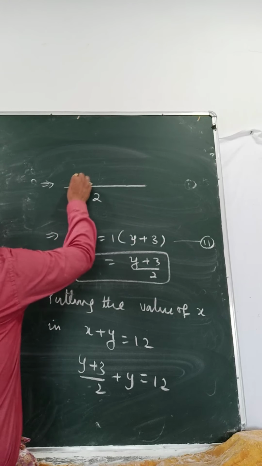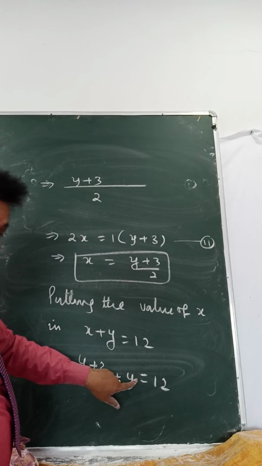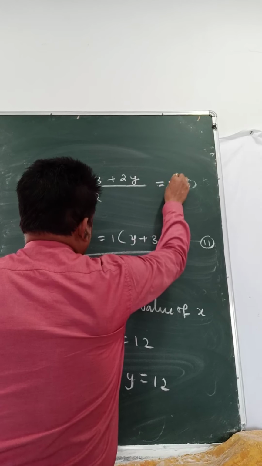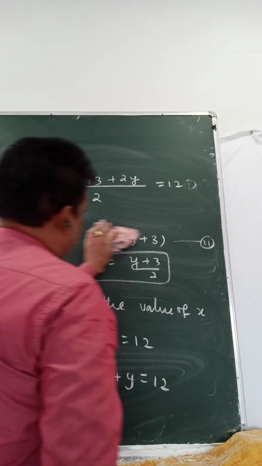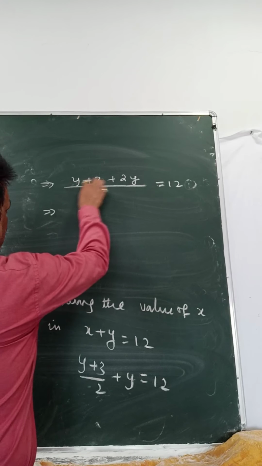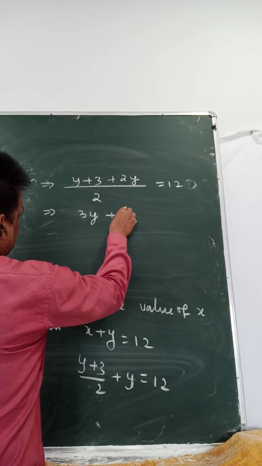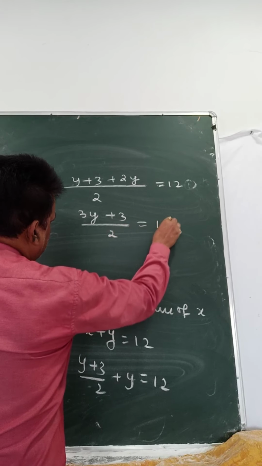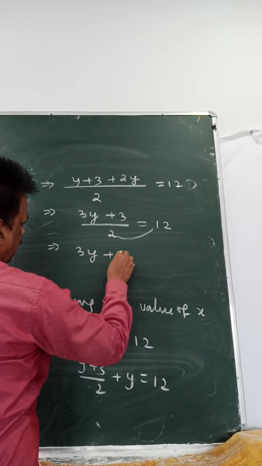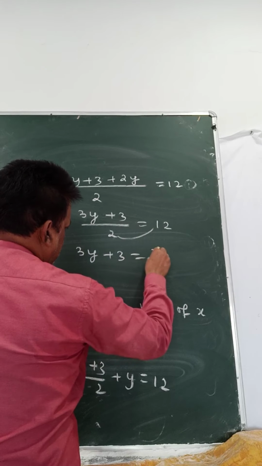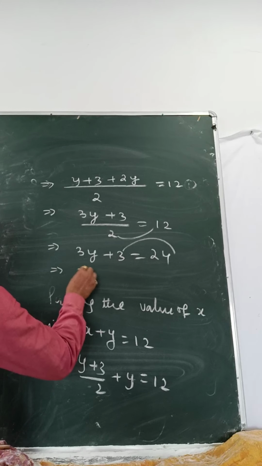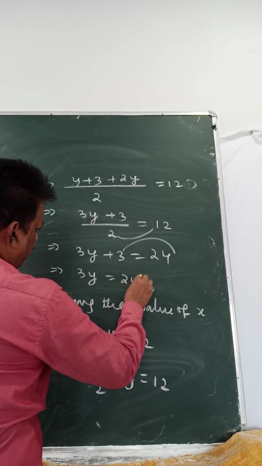Then y plus 3, and this 2 will be multiplied here, that is plus 2y equals 12. This implies y plus 2y is 3y, so 3y plus 3 by 2 equals 12. Now cross multiplication: 3y plus 3 equals 2 times 12, which is 24. Now like terms on one side. So 3y equals 24 minus 3.